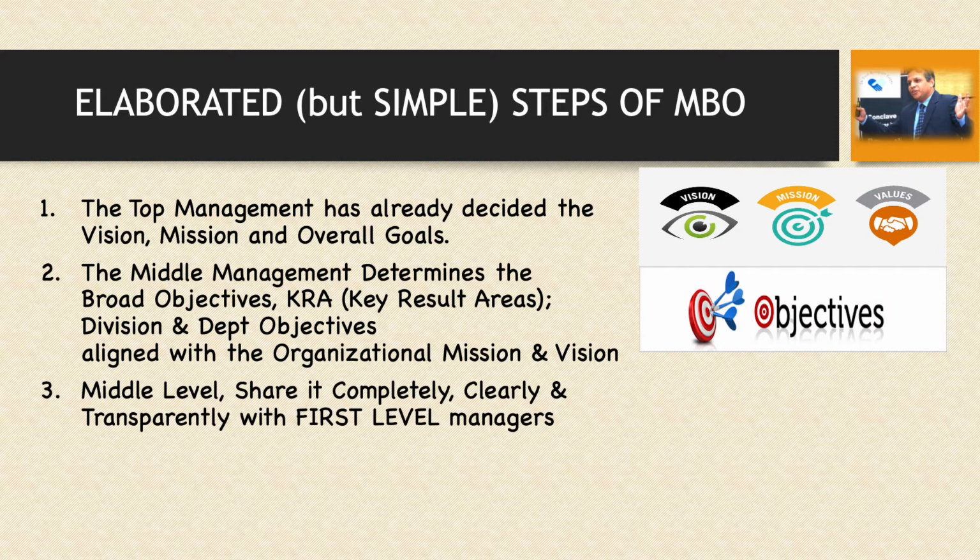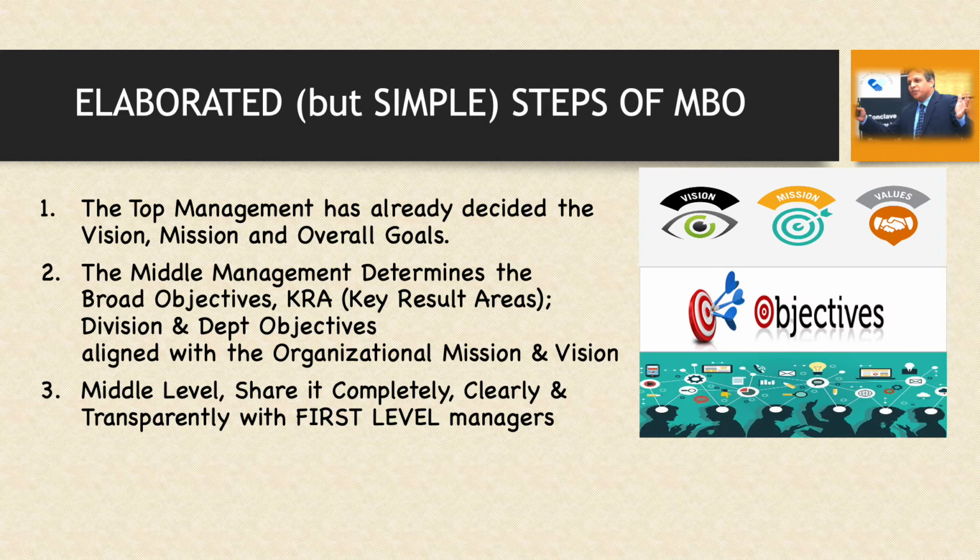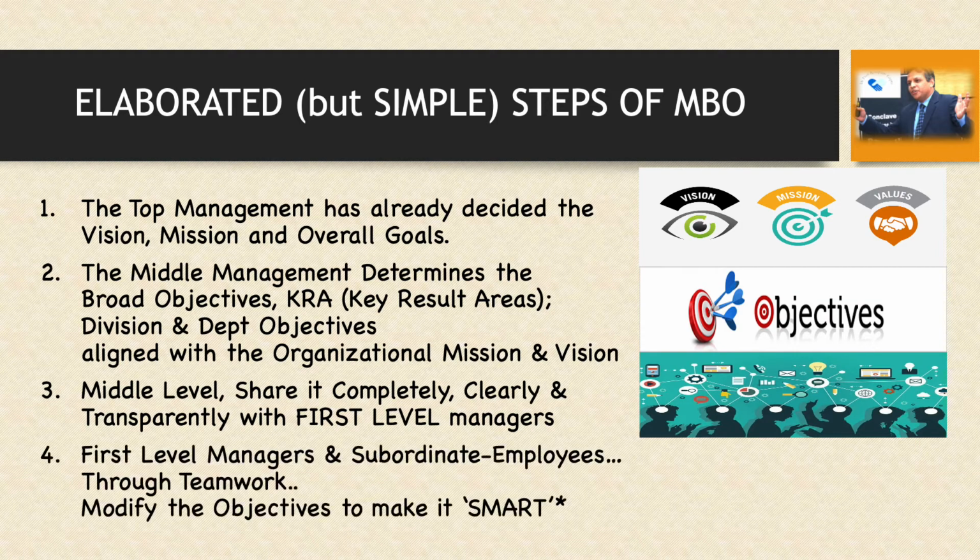The middle level then shares it completely, clearly, and transparently with the first level managers. And the first level managers and subordinate employees, through teamwork, modify the objectives and make them SMART. We shall discuss this SMART after some time.